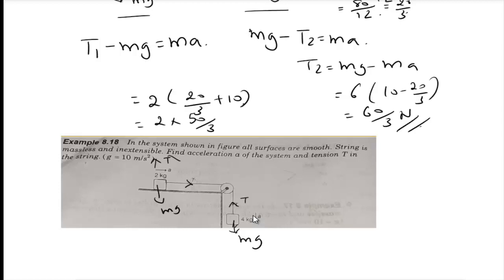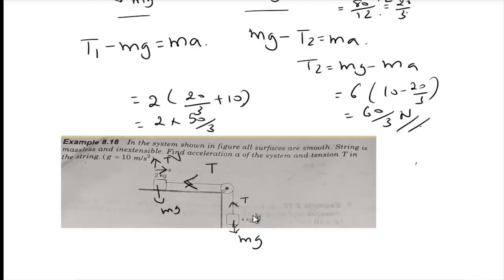Here an equal and opposite reaction force will be acting in the upward direction, so it will get cancelled. So the 2 kilogram mass has acceleration acting in this direction. If acceleration is acting in this direction, what will be the direction of tension? Tension will be acting in the opposite direction. Here mg is acting downwards, acceleration is acting in the downward direction, so the tension is acting in the upward direction.